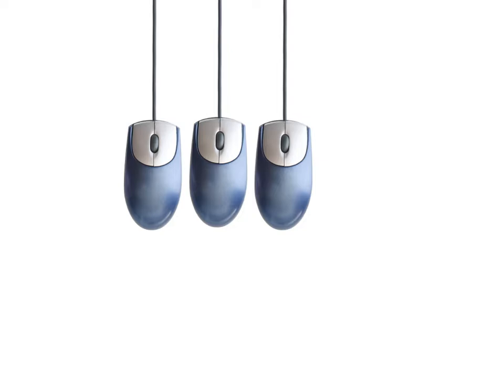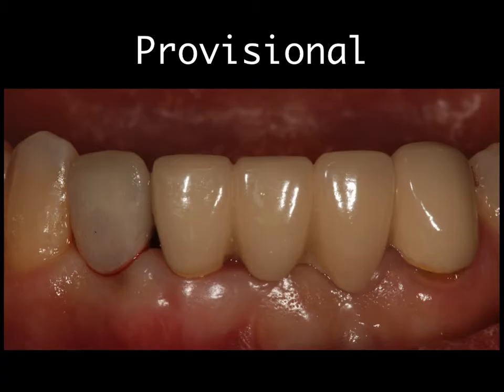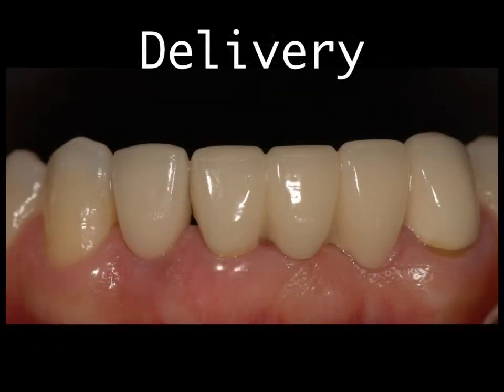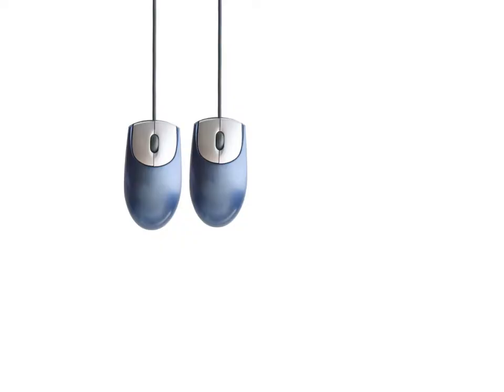And this is a second case. Again, a mandibular lateral incisor was extracted and the implant was placed. Immediate provisional was delivered, and final restoration was completed about 3 months later. This is a 1-year follow-up of the implant after delivering the final restoration.